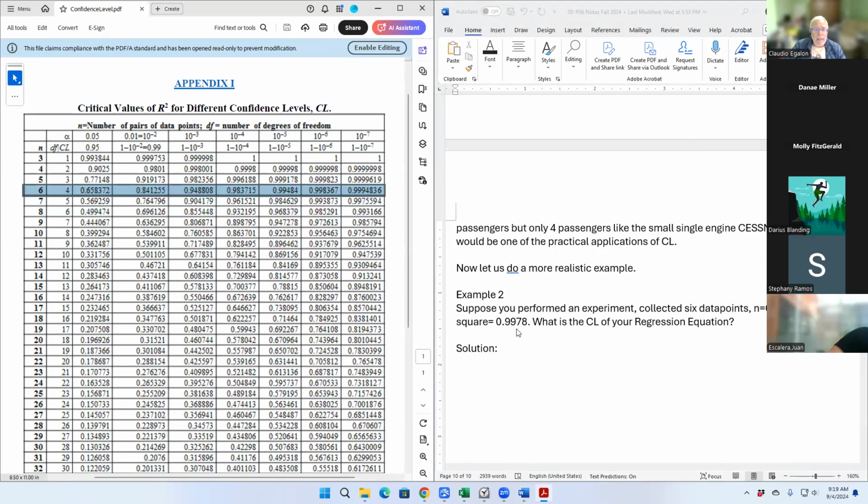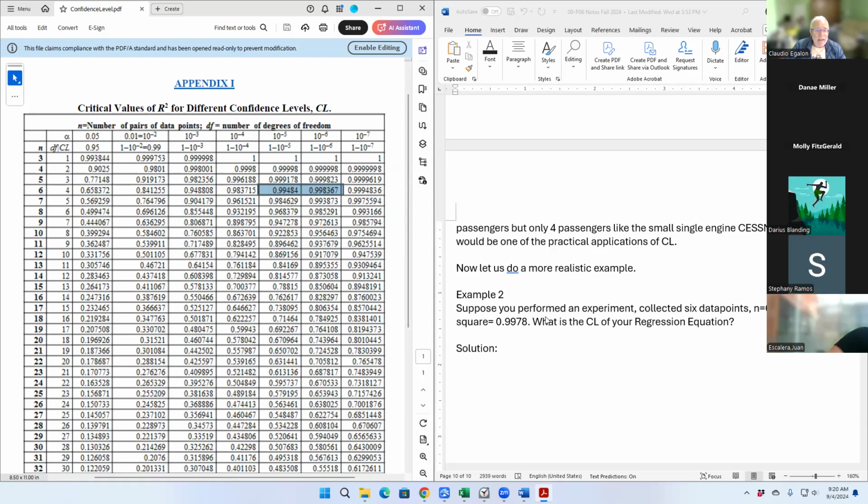And now let's see where 0.9978 fits in this table. We have 0.65. We should go further down to the right. We have 0.84. We shouldn't get 0.99. We have 0.94, 0.98, and then we start to get closer and closer to our R square. 0.99484. It's not 0.99484, it's 0.9978. So your R square in this specific case lies between those 2 points.